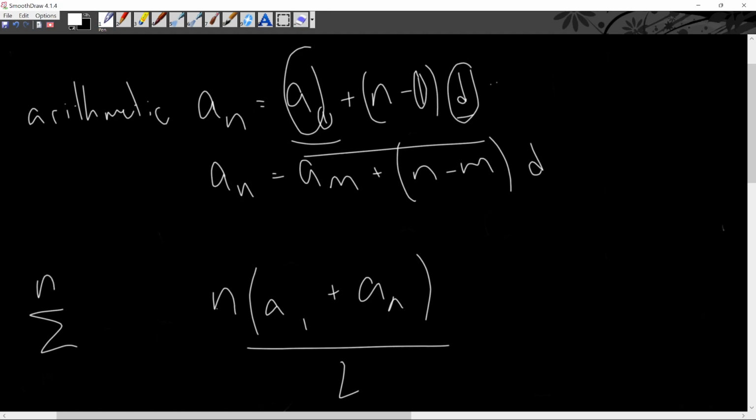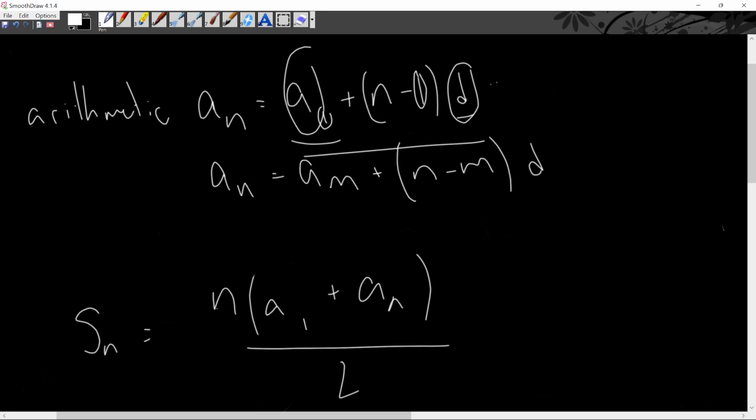Let's just write this how we did other partial sums. We'll say that this is the partial sum up to n number of terms of an arithmetic series.